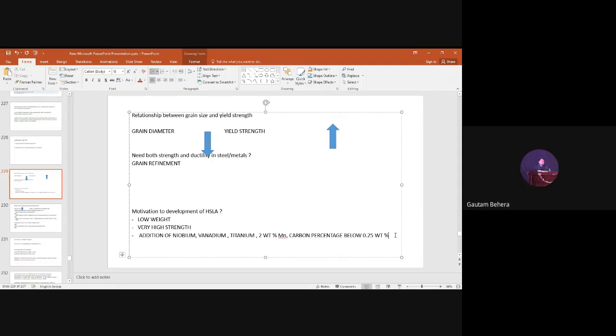Austenite will form, but what is the question? Swapnamai Panda, can you answer this one? No, sir.